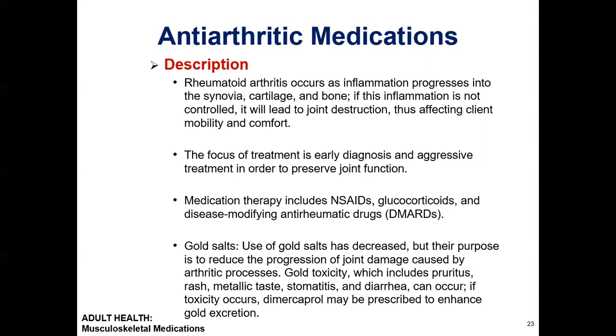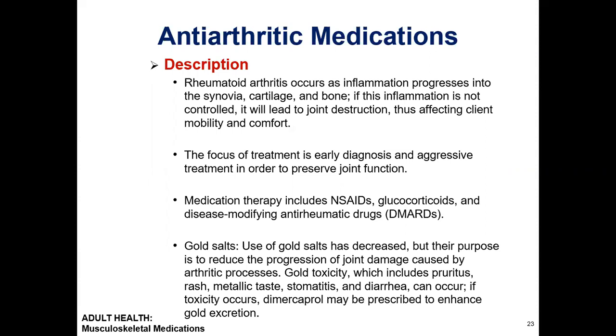The chronic inflammation. And also chronic inflammation or disorder affecting many joints, including those in the hands and feet. In rheumatoid arthritis, the body's immune system attacks its own tissue, including joints.